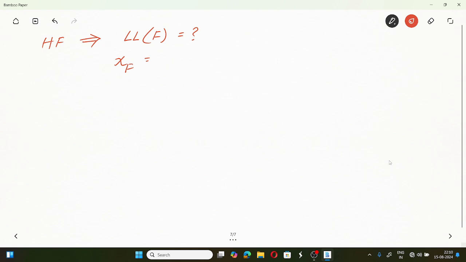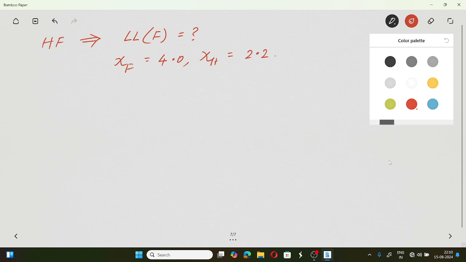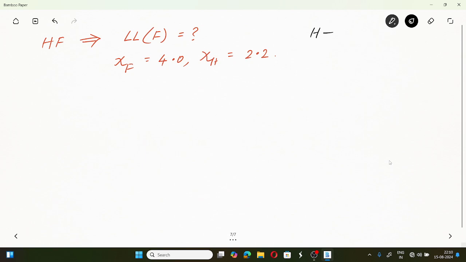The electronegativity of fluorine is given to be 4.0, and of hydrogen it is 2.2. These values will be supplied.